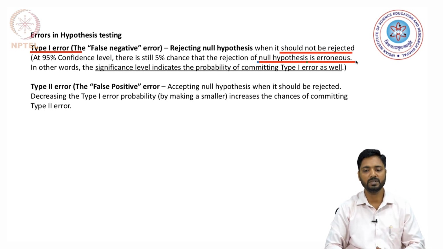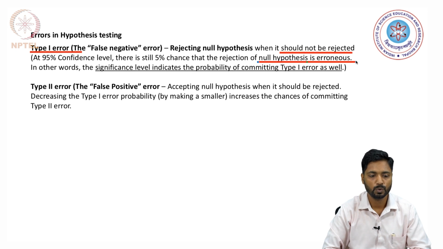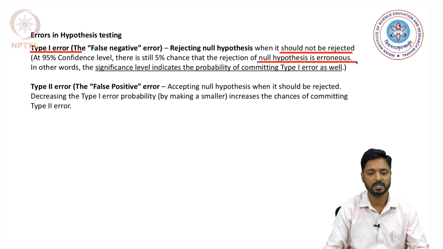Now what can we do to reduce the type 1 error? We can increase the confidence level and reduce the significance level to say 1%. In that case, we will still have a 1% probability of making a type 1 error.